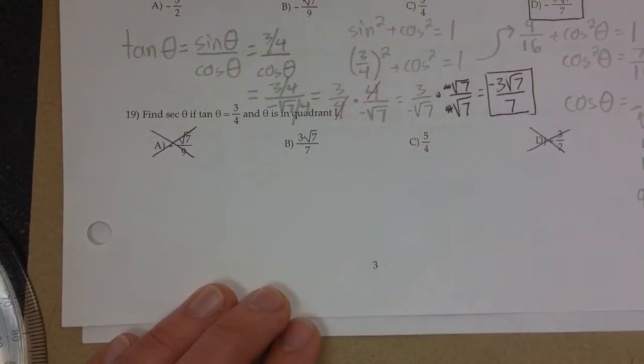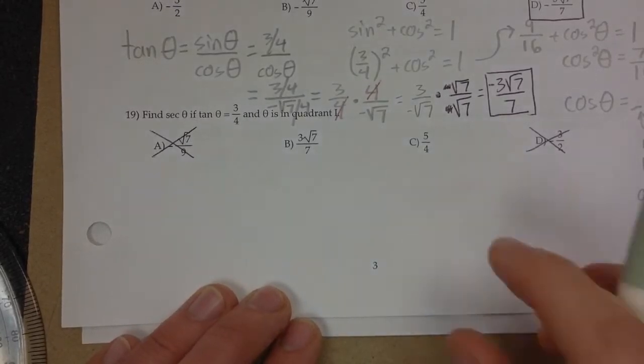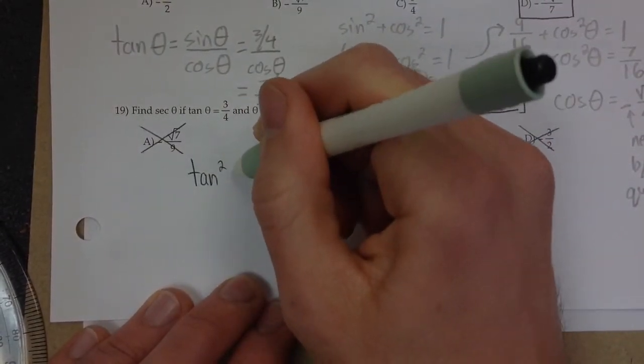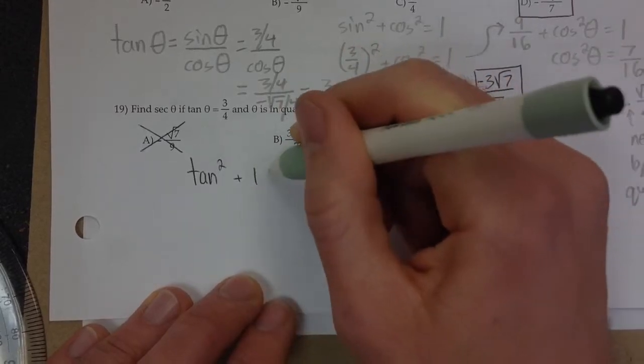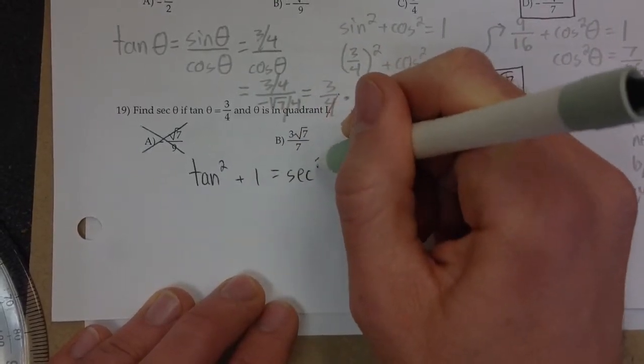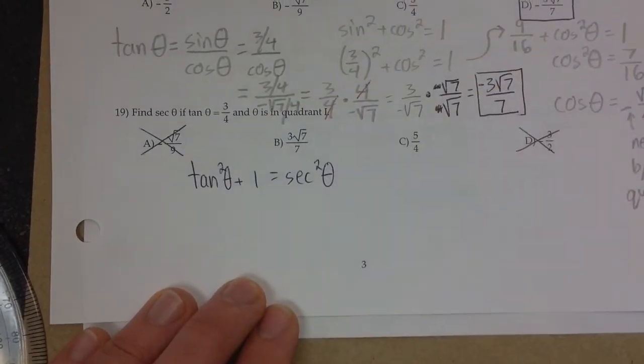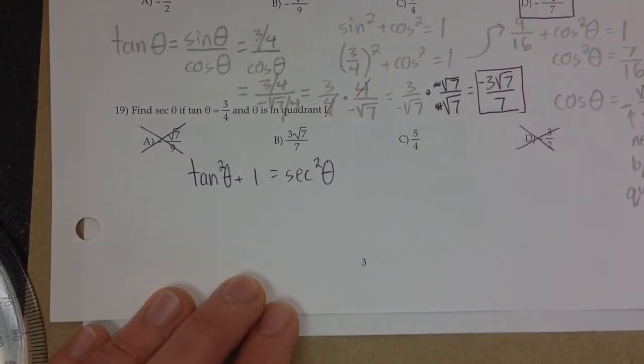There's a formula that relates tangent and secant. 1 plus tan squared equals secant squared. Tan squared plus 1 equals secant squared. That's one of the Pythagorean identities. It's the Pythagorean theorem written with trig functions, that's all.